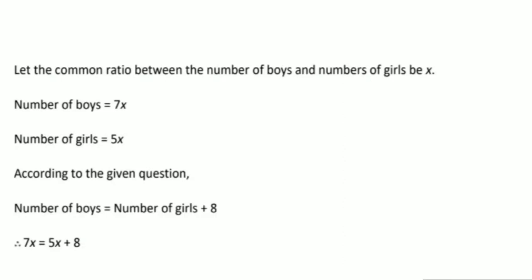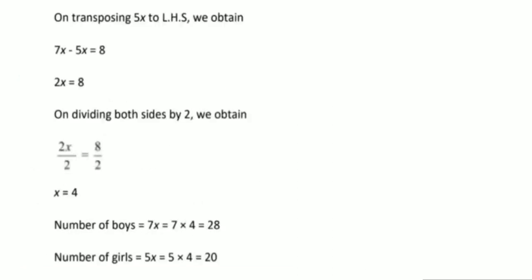So according to the given question, number of boys is equal to number of girls plus 8. So 7x, this is number of boys, is equal to 5x plus 8. So now on transposing 5x to left hand side, we obtain 7x minus 5x is equal to 8.